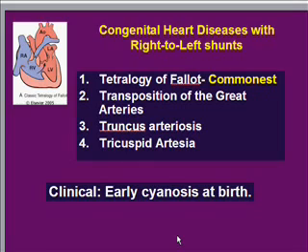Familial congenital heart disease is one, you can see it here, that is a tetralogy of Fallot. So tetralogy of Fallot is the commonest type of right to left shunt congenital heart disease.